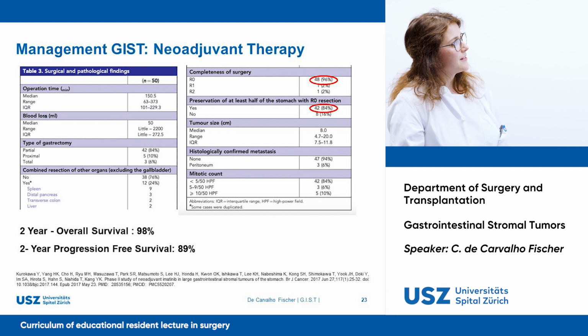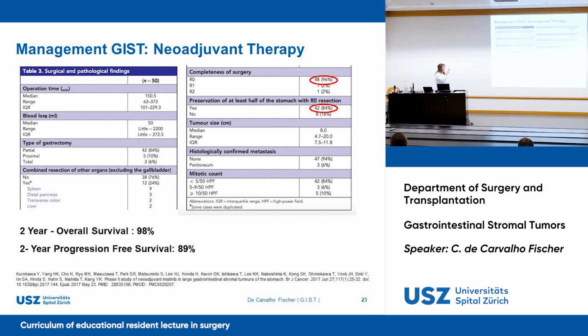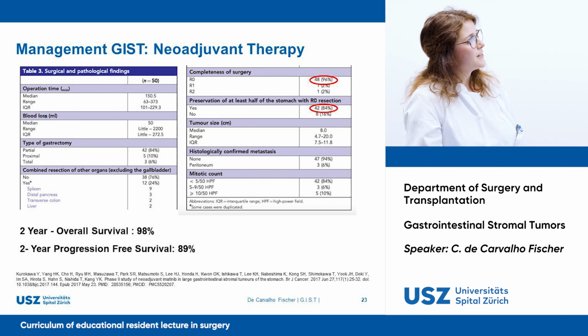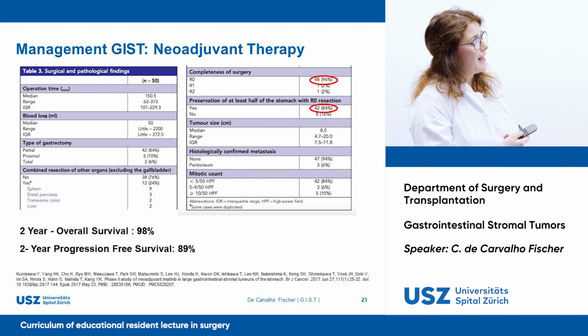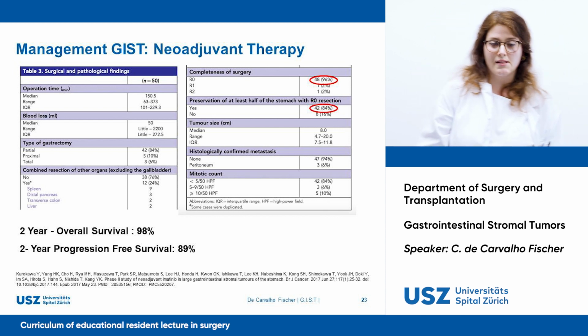What's also important is that in this study, 96% of patients were completely resected, had an R0 resection. And that within these resections, in 84% of cases, half of the stomach was preserved. The overall survival and progression-free survival was also excellent.